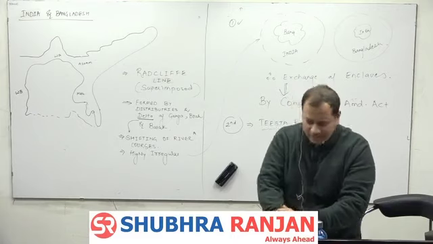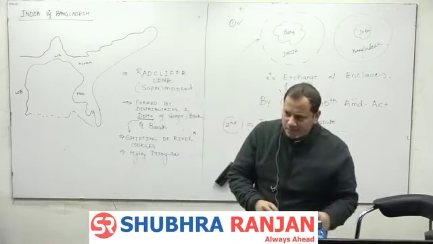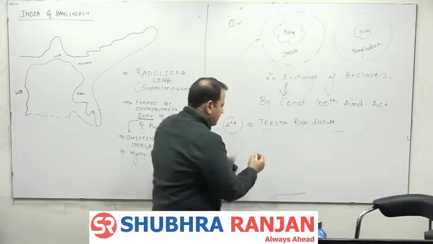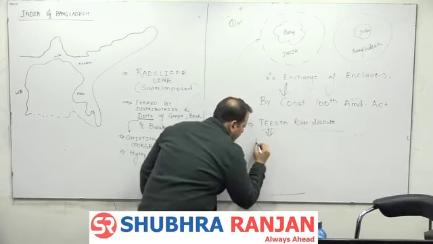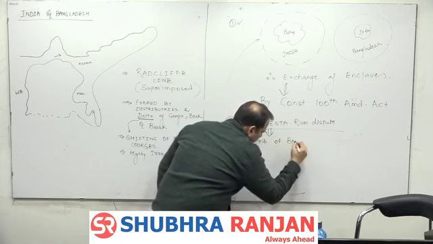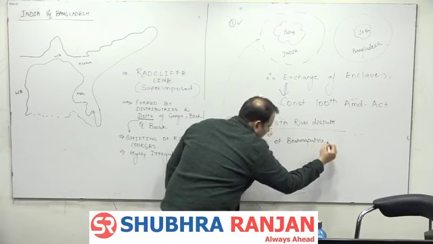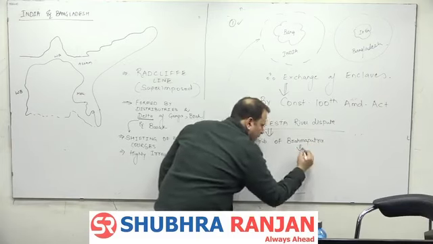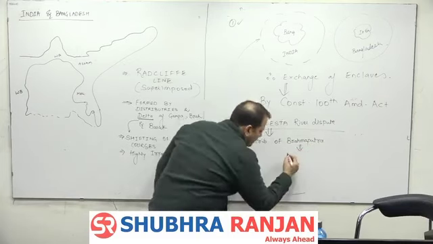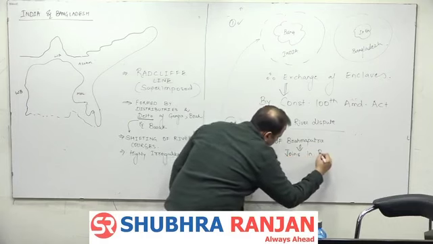It originates in Sikkim. It is a tributary of which river? Ganga or Brahmaputra or an independent river? Tista is a tributary of Brahmaputra. And does it join Brahmaputra in India or in Bangladesh? It joins Brahmaputra in Bangladesh.